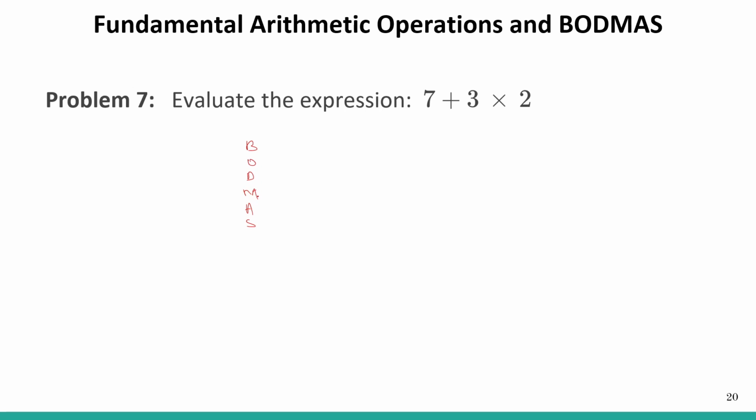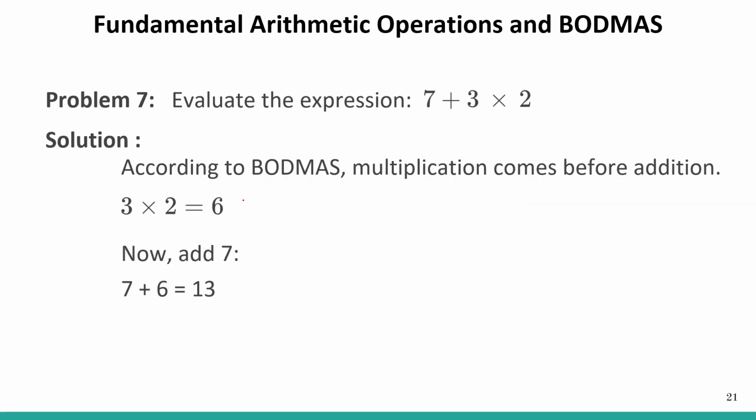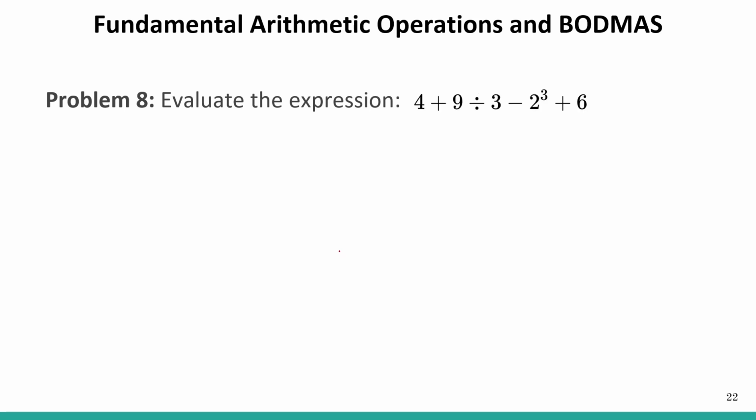No. But there is multiplication, so we have to do it first. So 3 into 2 is equal to 6. Now we look for addition. There is 1. So we write it and the answer is 13. So 13 will be the final answer. What we did was first the multiplication, then the addition. Multiplication comes before addition.